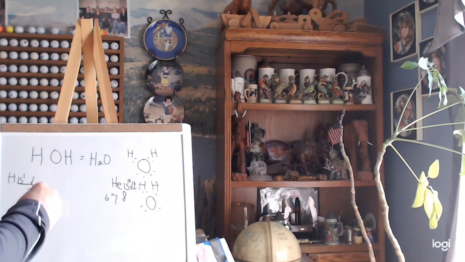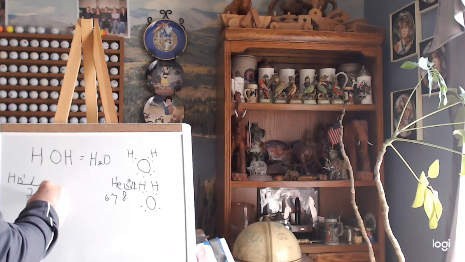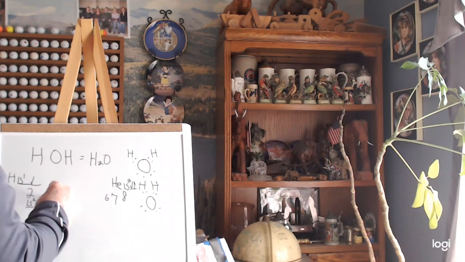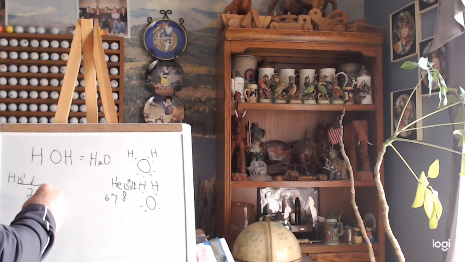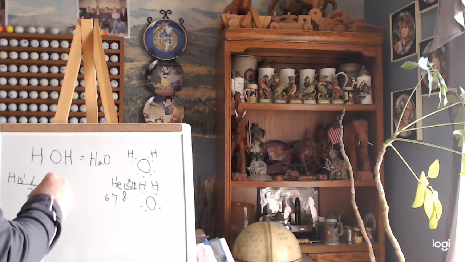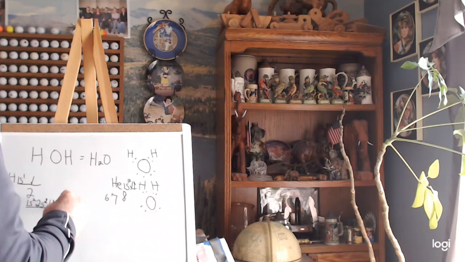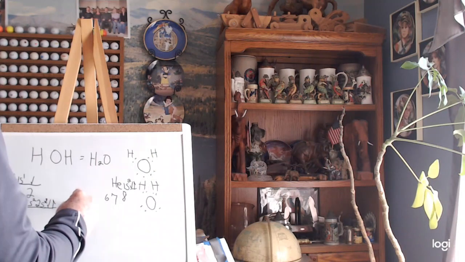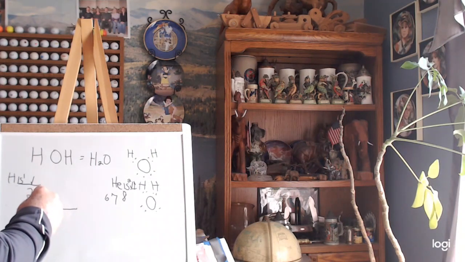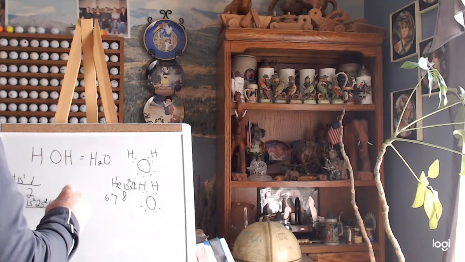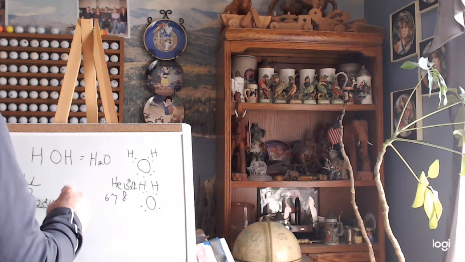Now, when we go to the next one, we have 1s2, 2s2 full, but the second shell has more than one suborbital. It has the p also. So the second column has 2 electrons available for interaction.